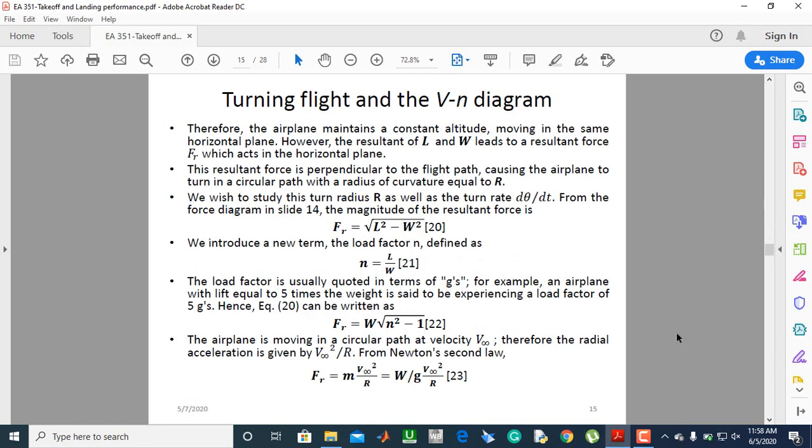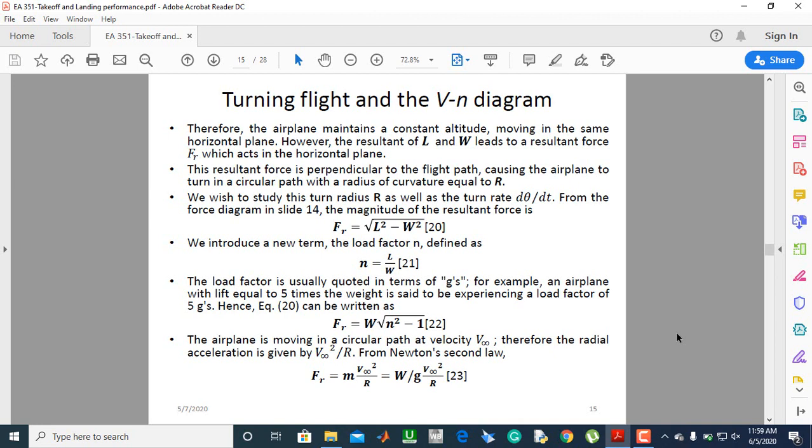Alright, and from here you can see that the aircraft maintains a constant altitude, moving in the same horizontal path, but the lift and weight lead to a resultant force R, which will act in the horizontal path towards the center.